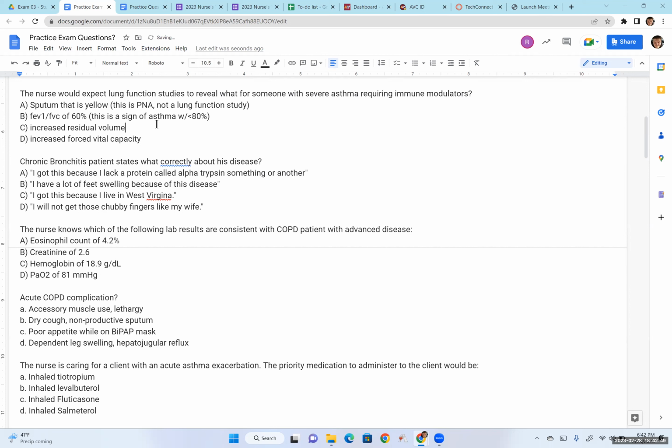Right. Increased residual volume. We didn't talk about residual volume, so let's just change that to vital capacity. Vital capacity is not usually elevated, right? Because yes, a COPD patient has air trapping, but that air is trapped and not useful. They actually have a decreased vital capacity. When low, it is due to neuromuscular problems, right?